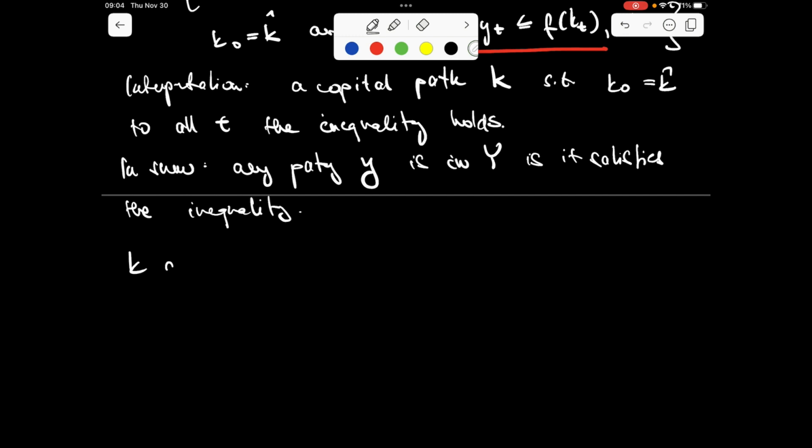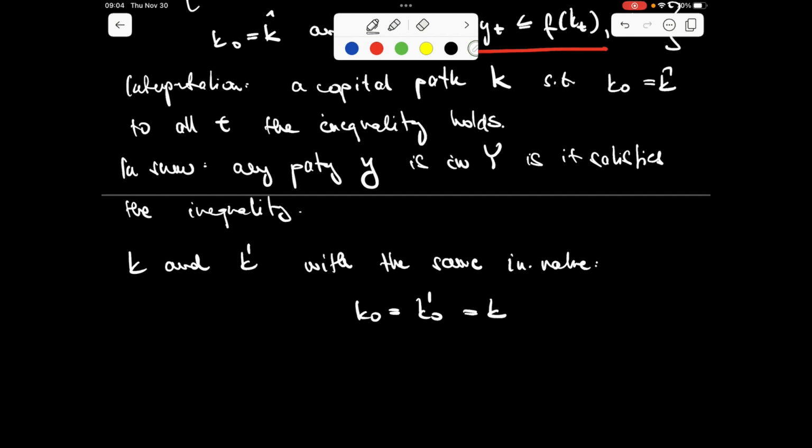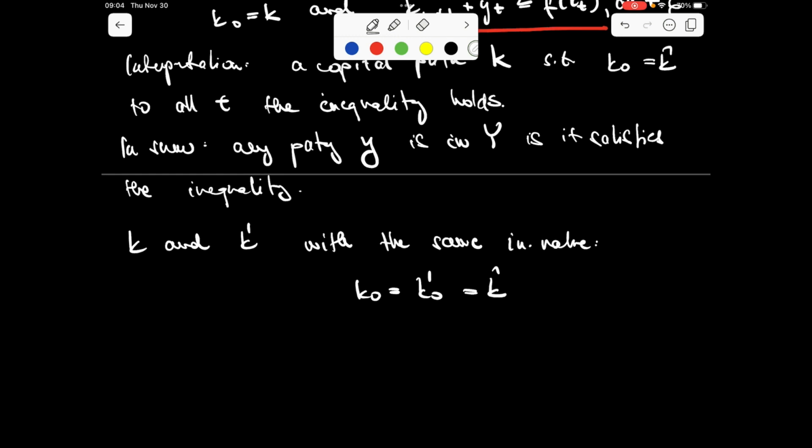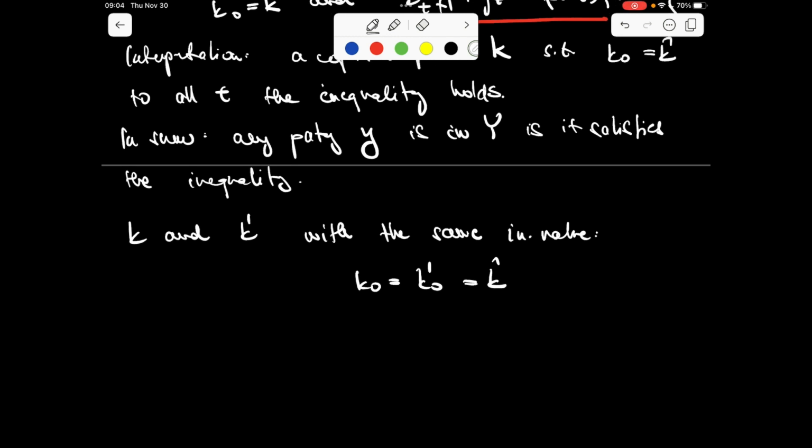Let's pick 2 different capital paths with the same initial value. So we have 2 different paths for the capital stock with the same initial value. It means that the 2 paths are different.